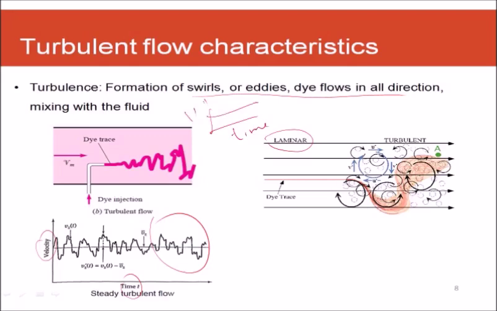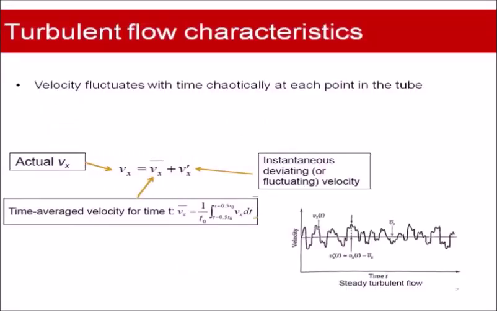We can see how the flow is now chaotic because of swirls or eddies. Velocity fluctuates chaotically at each point in the tube. This is the most important difference between laminar flow and turbulent flow.